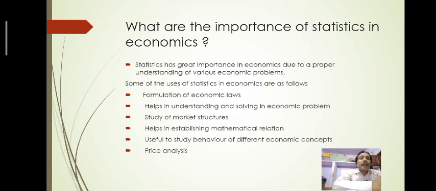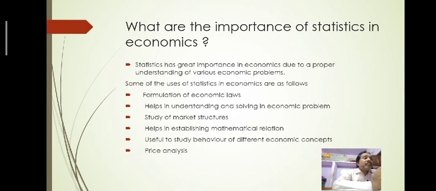Next point is the study of market structure. So there are different kinds of market, that is monopoly, monopolistic, oligopoly, perfect competition. So this market requires a statistical comparison of markets which may be related to price, cost, profits, etc. Next is that it helps in establishing mathematical relations.